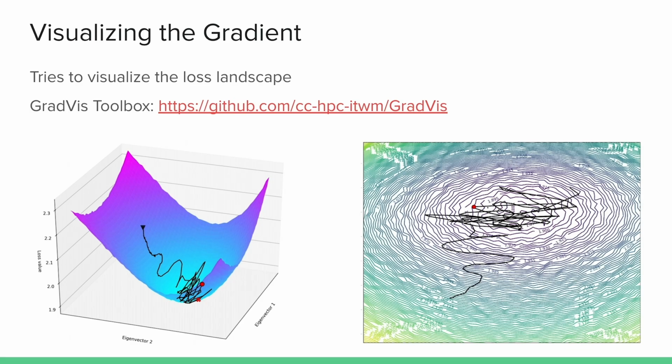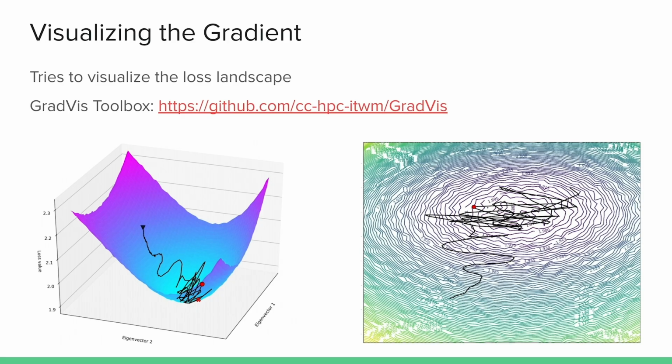There is an idea of visualizing not just the activation maps, but also the training process in itself. And the training process in itself is the gradient. So we can try to understand how our network is getting to the bottom of the valley, the same idea that I tried to give you with gradient descent.